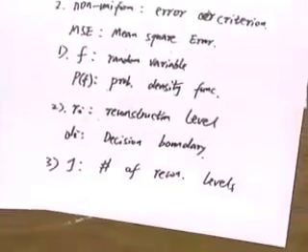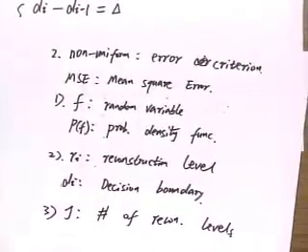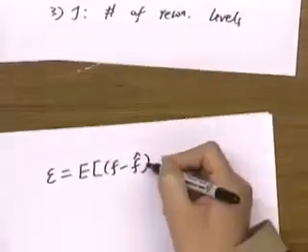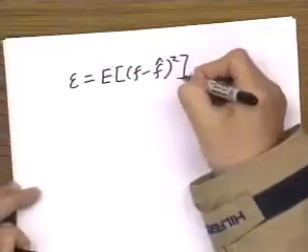So first, I define the MSE between the original value and the reconstruction value as epsilon, which is the expected value of f minus f hat, the reconstructed value, squared.